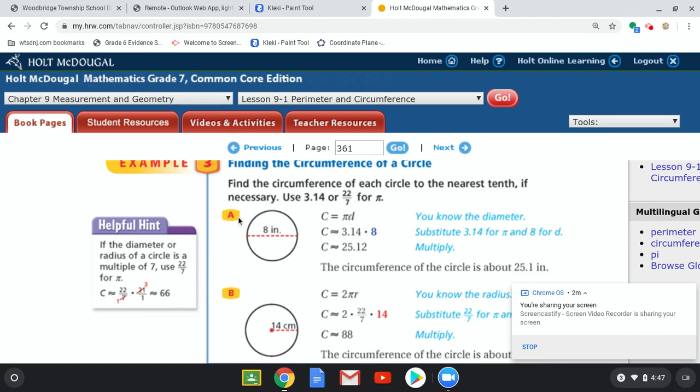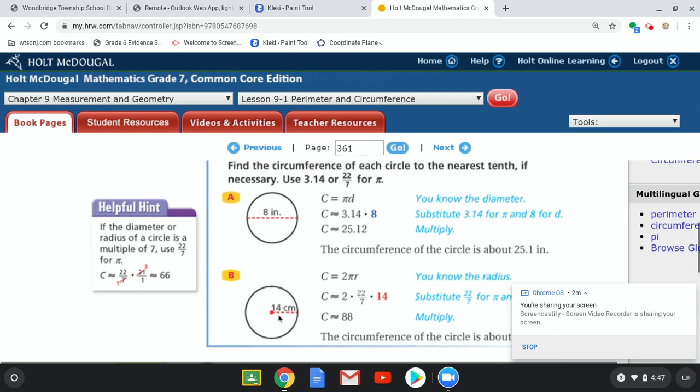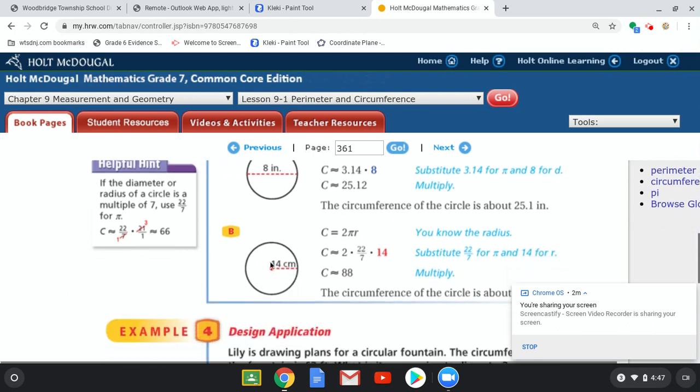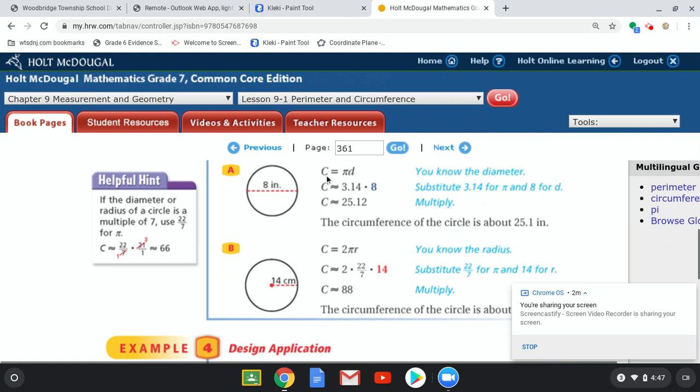So for example 3a here, if you notice, the diameter is 8 inches. So they're going to be using the formula c is equal to pi times diameter because they're giving us the diameter. But even if they only gave us the radius, as in example b here, we could still use c equals pi times diameter, because you know that the radius is from the center to any endpoint of the circle.